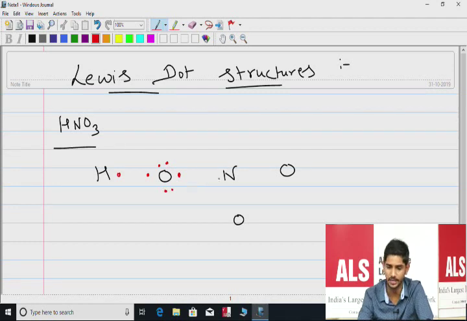Oxygen has a total of 6 electrons. 1 will be given by nitrogen. 2 will be here. Yeah, over. Look at this.